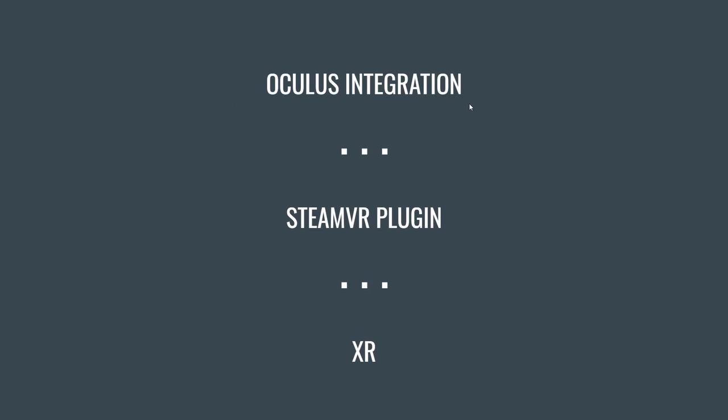Oculus Integration was created by Oculus for Unity. It's a good plugin if you're not going to make any games except for the Quest 2 or any of the Oculus platforms.